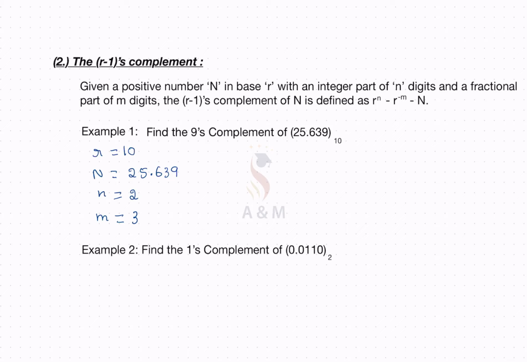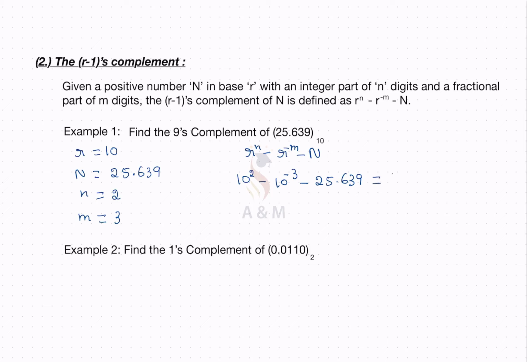Now substitute these values into the formula of R minus 1's complement, that is R to the power n minus R to the power minus m minus N. We get 10 to the power 2 minus 10 to the power minus 3 minus 25.639, which is equal to 100 minus 0.001 minus 25.639, where 10 to the power 2 is equal to 100, and 10 to the power minus 3 is equal to 1 by 1000, which is equal to 0.001.